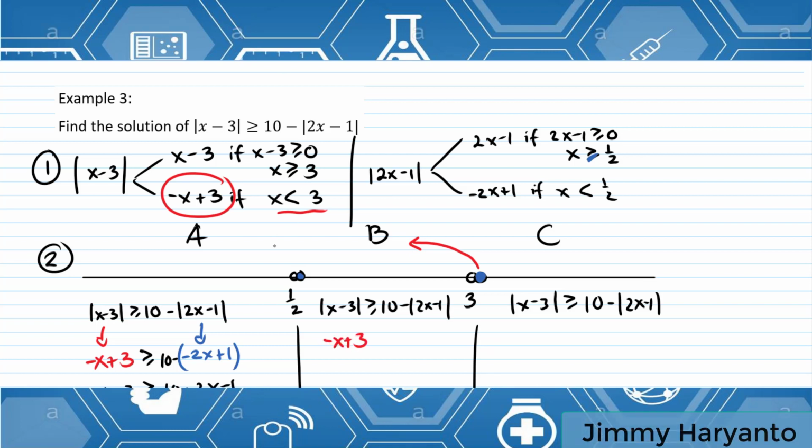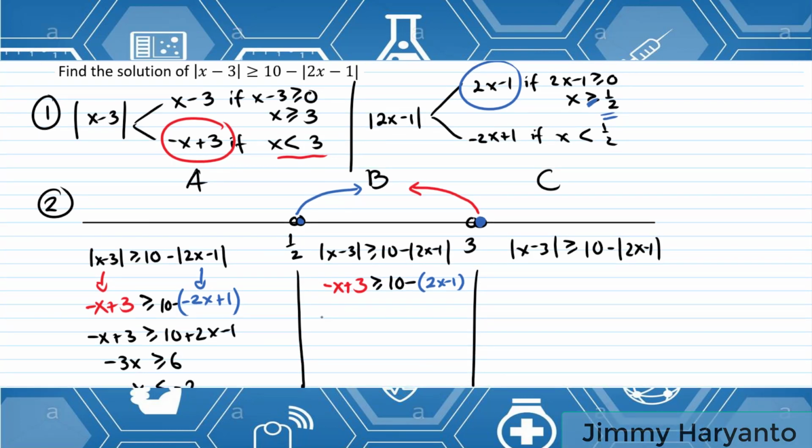For the blue one, half, B is at the right side of half, so I have to choose greater than this one, 2x minus 1 in the bracket. For the rest of the question, I will copy and then solve it. Negative x plus 3 greater than or equal to 10 minus 2x plus 1. X greater than or equal to 11 minus 3, 8.